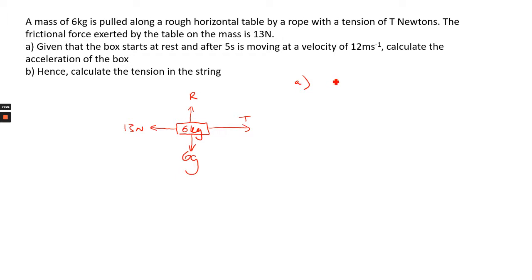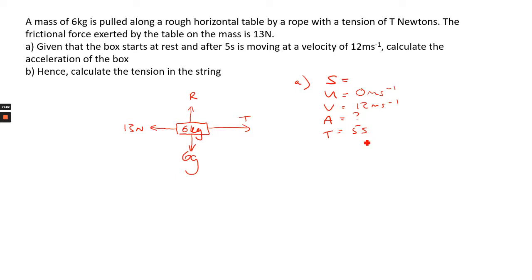So because it's going to be a SUVAT question, I'm going to structure my 5 variables. Now S, I do not know. U, I'm told, is 0 meters per second. I'm told it starts at rest. V is 12 meters per second. A is the thing I'm trying to find. And T is 5 seconds.